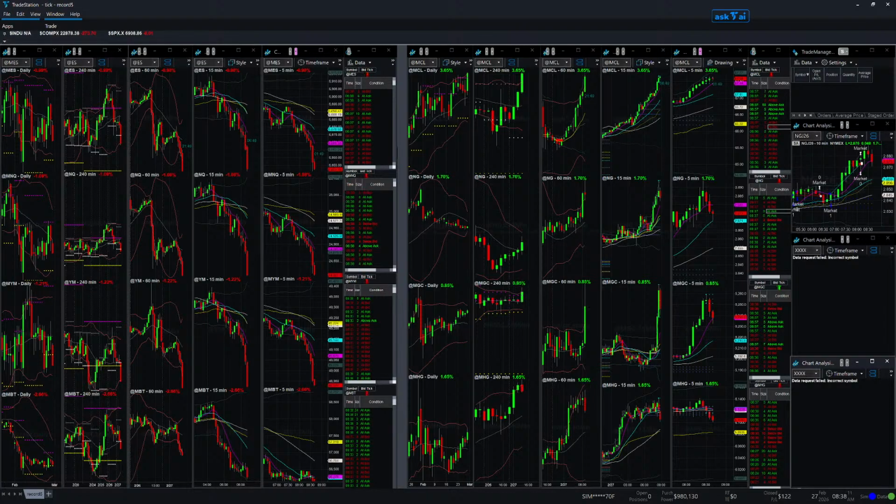All right, let's just do a little technical analysis here. The purple and the yellow lines at the top left, I'm looking at the ES, the Nasdaq, the Dow, and the crypto daily chart. The purple and yellow dotted lines are the weekly highs and lows of the previous week.